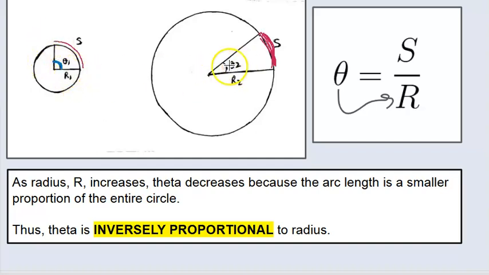It's 1/4 of the pizza. So in terms of the percent of the pizza you get to eat, you're happier for this pizza than you are for this pizza, right? So when r went up, because it was in the denominator, theta went down. The percent of the pizza that you get for that particular arc length goes down. I hope that this makes sense for you.